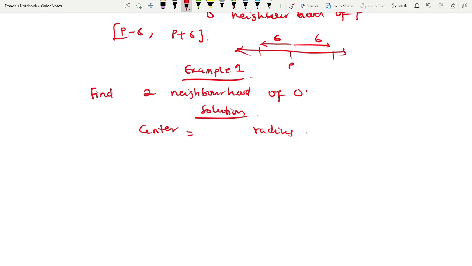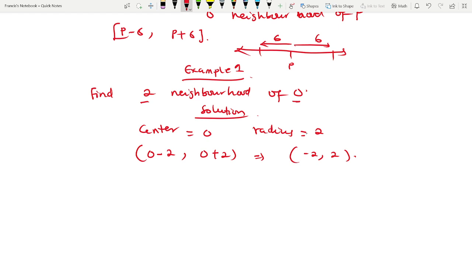What is my center? I always tell you that what follows neighborhood of is the center. So here becomes 0. The radius now is 2. So at this point, you know the formula. Always try and use the open interval. So here becomes my center minus my radius, comma, my center plus my radius. And that is going to give us negative 2, comma 2. That is all.